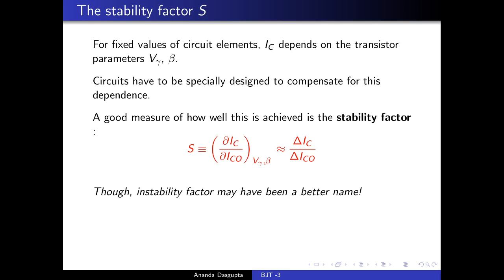Frankly speaking, this should have been called the instability factor, because a larger value for S really means the circuit has a higher chance of being thermally unstable. The bigger S is, the more strongly IC responds to changes in ICO and hence to changes in temperature. So the whole game of trying to design a better circuit as far as bias stability is concerned is one in which you try to make S small.